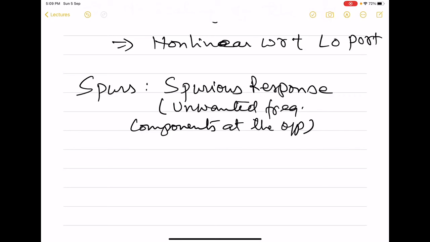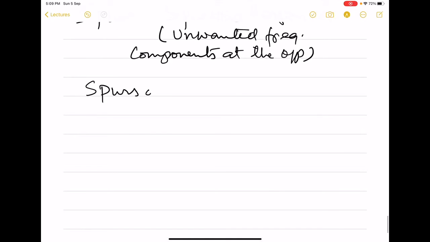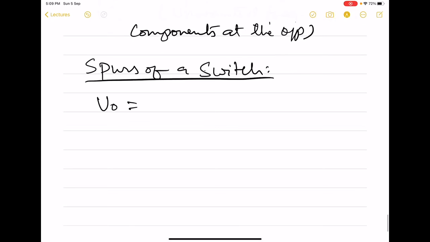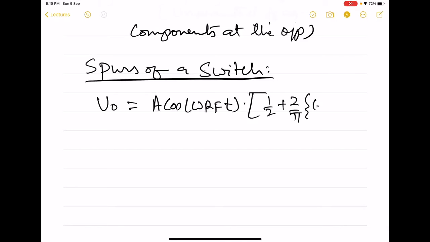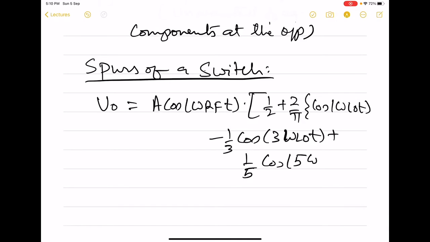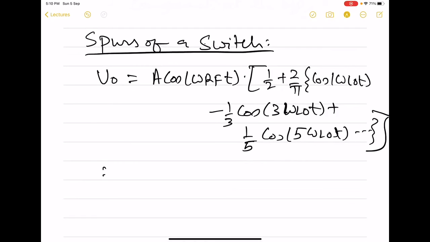But here you can see that for the switch-based mixer, for the switch case, output is RF multiplied by a square wave, which was 1/2 + 2/pi cos(omega_LO t) - 1/3 (and so on), all the odd harmonics. So here there will be infinitely many frequency components.